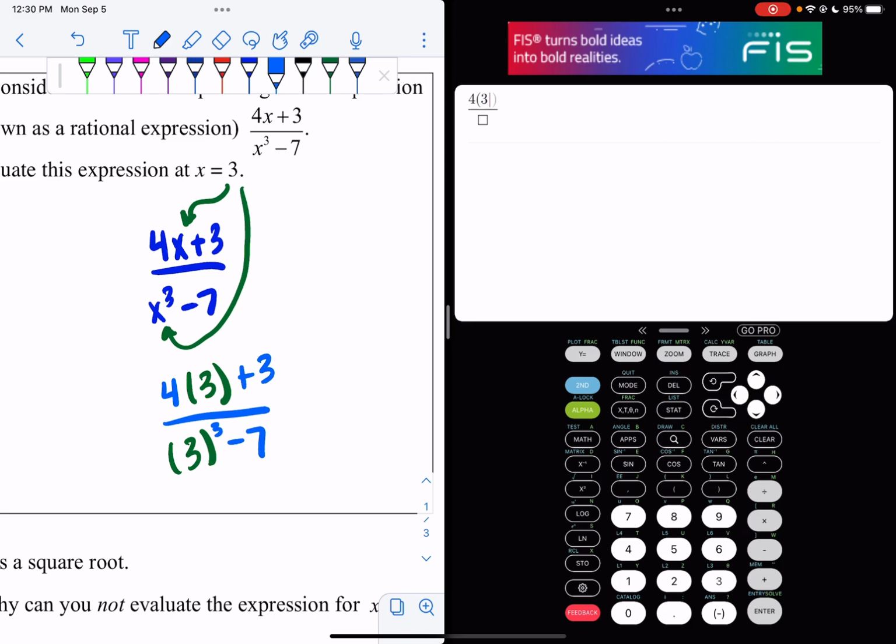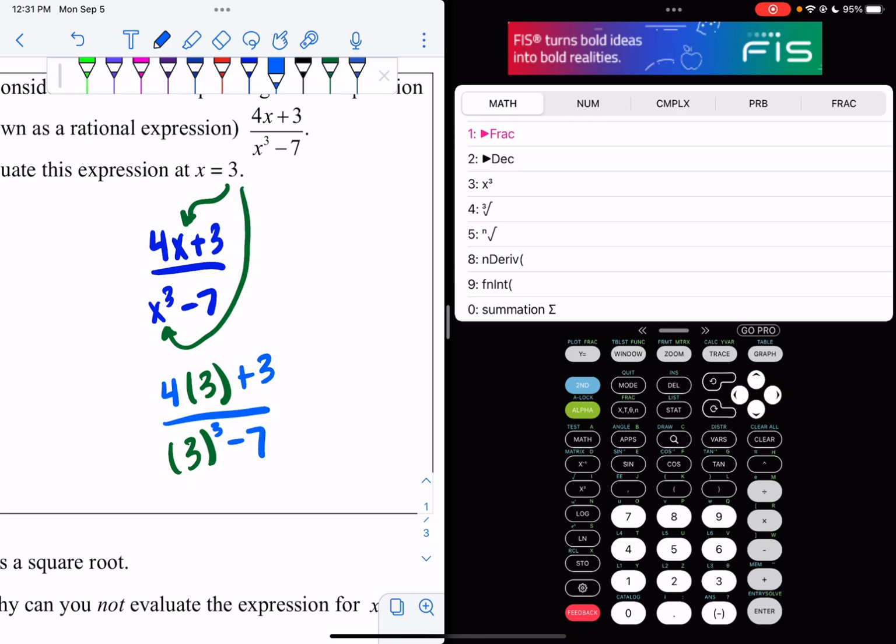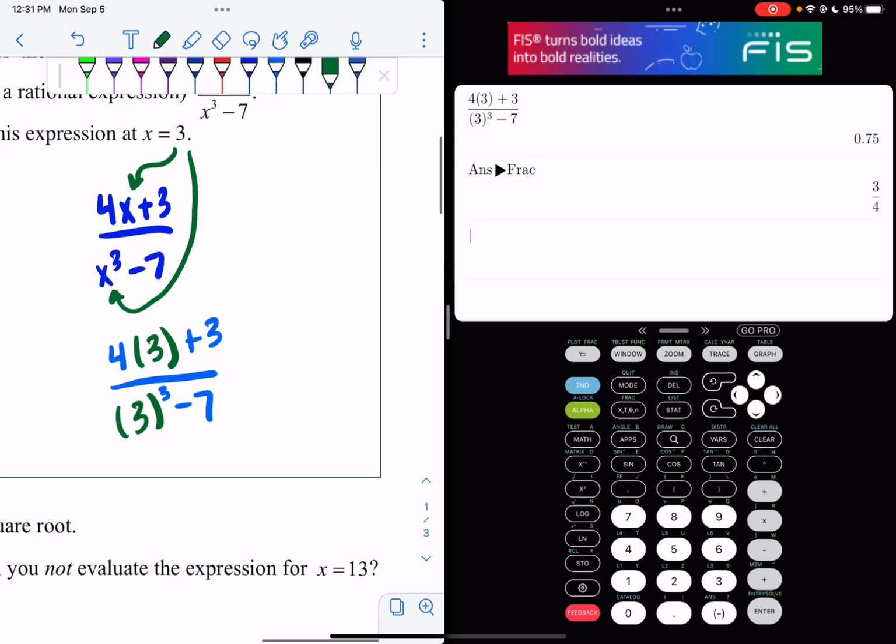And now we have 4 times 3 plus 3 divided by 3 to the third. And then I take away 7. Now I hit enter, and I get 0.75. We don't like decimals that end. So we're going to hit math, enter, enter, and we get 3/4. And that's your final answer.